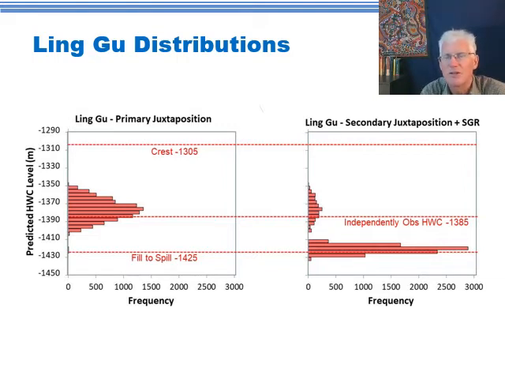If you allow the shale gouge ratio or a fault gouge zone contribution or strengthening, sometimes that will seal and sometimes it won't. And that's the character of the shale gouge ratio algorithm. If it seals, then the prediction is that you'll fill to spill, or fill to that structural spill point at about minus 1425. And if it doesn't, then you'll be very similar to the distribution that's on the left.